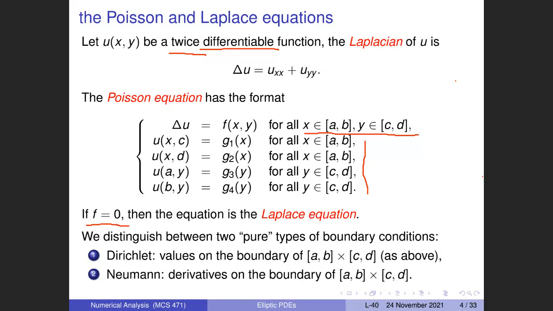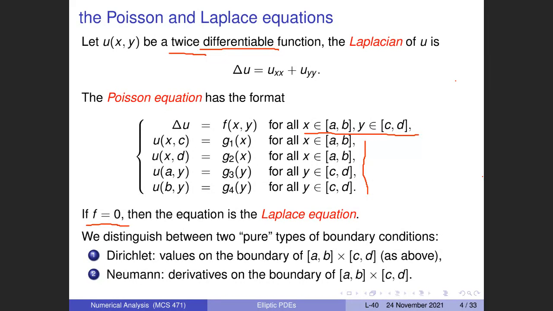So this is a second order equation. And here it is a very pure boundary value problem. So we have an upper bound and a lower bound. The lower bound is given by y equals c. The upper bound is given by y equals d. So the g1 and g2 could be called the lower bound and the upper bound function that determines what happens at the upper and the lower bound of our domain.